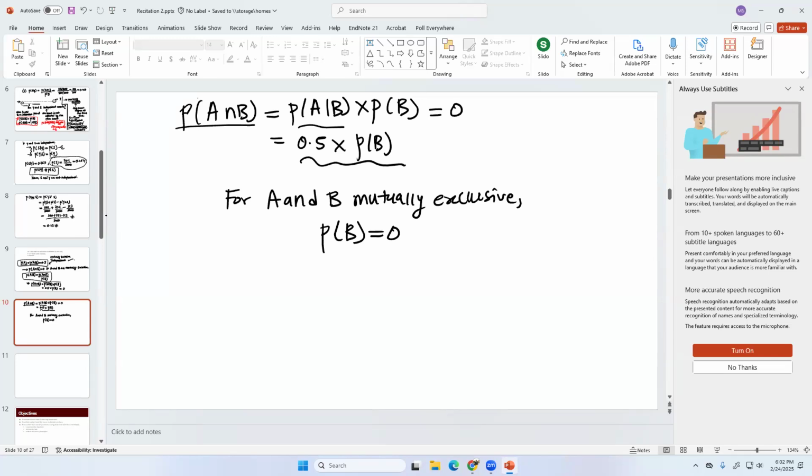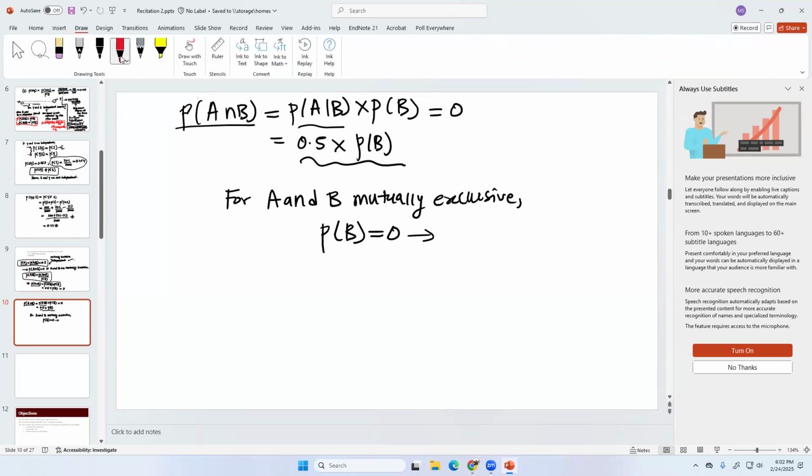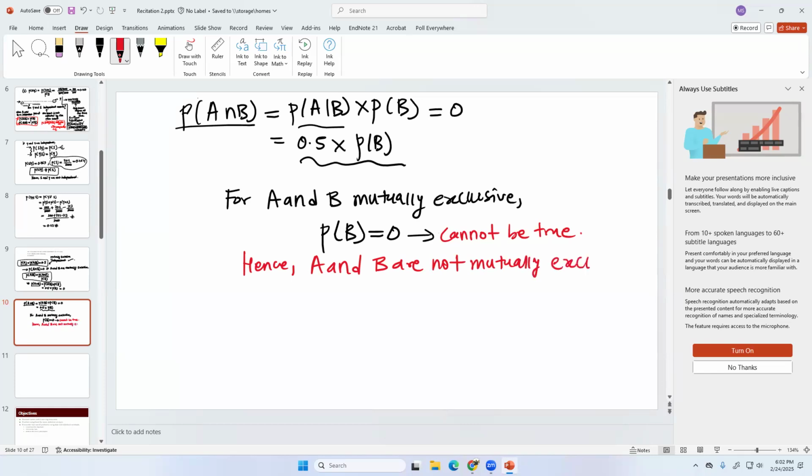So this cannot be true. So this is my reasoning for claiming that A and B are not mutually exclusive.